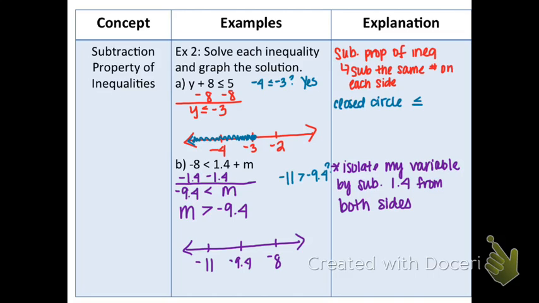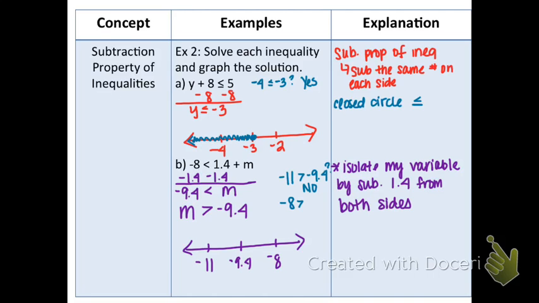This is where your properties of integers and negative numbers are going to come in handy, because if we have a negative 11, that's actually a smaller number than negative 9.4. We have more negatives, which means that's a smaller number. So this is no. Let's go ahead and test the other side, but we kind of know already that the other side's going to work.